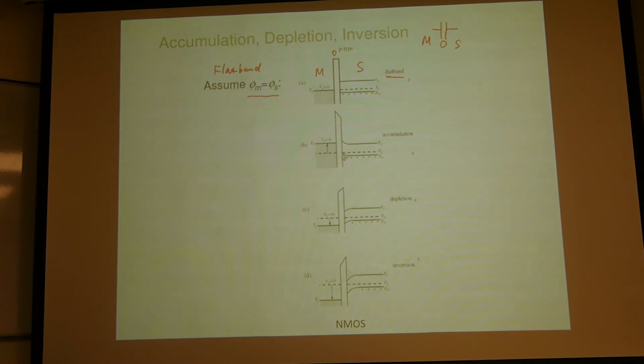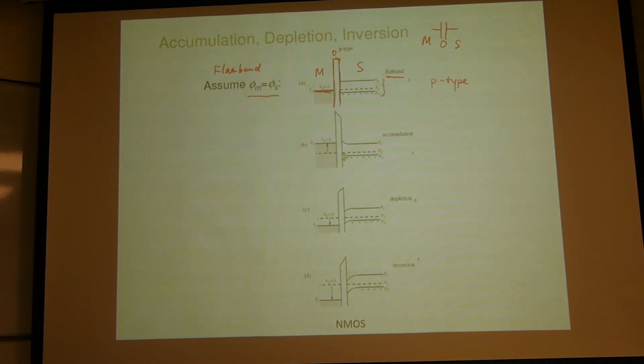So this is the Fermi level for the metal. And the oxide has a very large band gap. And then the semiconductor here is p-type. So we have the band diagram like this.